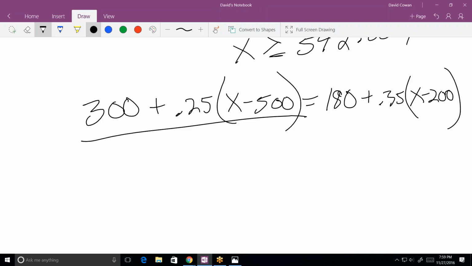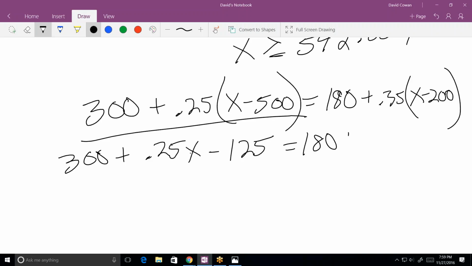And if I do this math, what do I get? 300 plus 0.25x minus 125 equals 180 plus 0.35x minus 70.